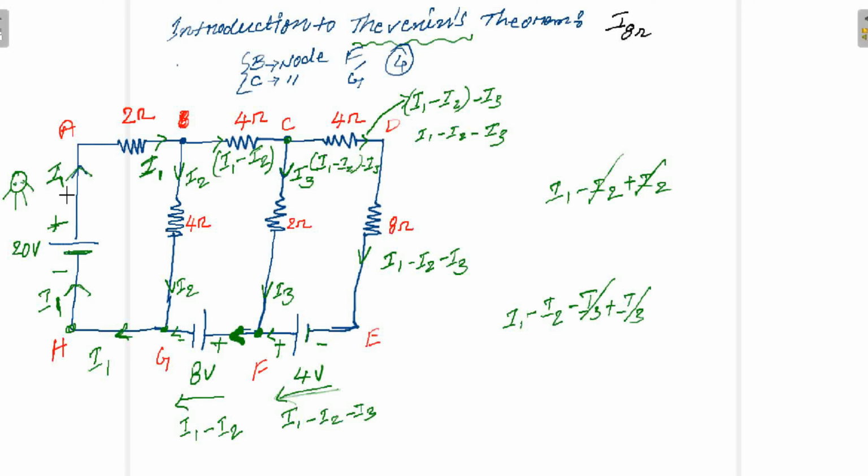You are taking I1 current and distributing it among the branches, and at some points you collect the same amount of current, and you reach the negative polarity of the battery with the same current you took. If the leaving current is equal to the entering current, then only we can say that your current directions are equal. This way we have to denote the current directions.